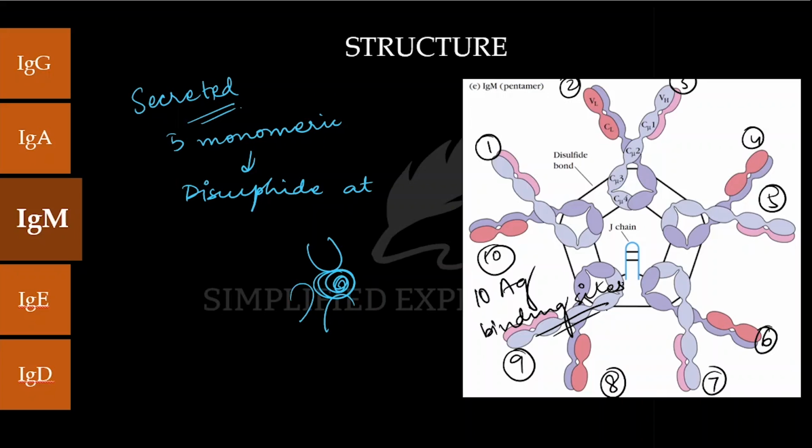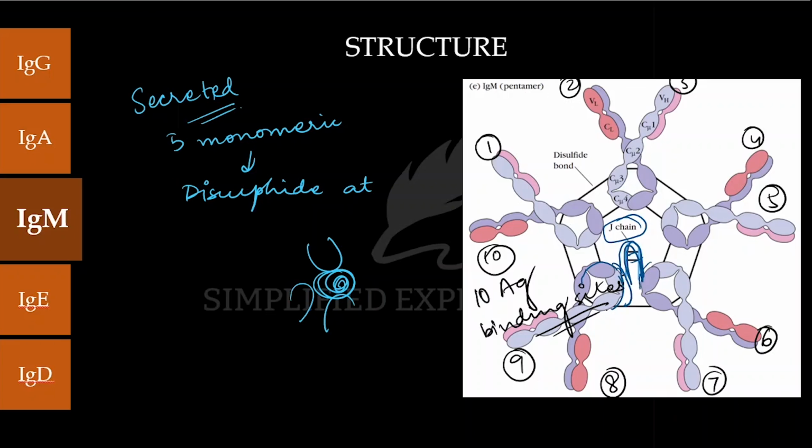And if we see the diagram, there is an additional Fc linked polypeptide. Let me change the color. I am talking about this chain. What is this? This is the J chain, and it is binding to which portion?